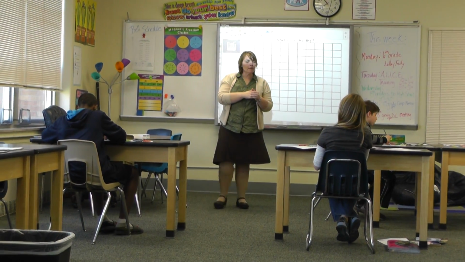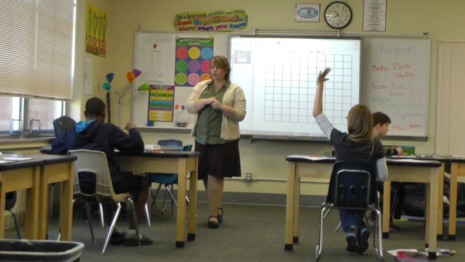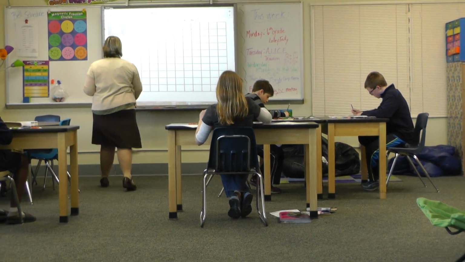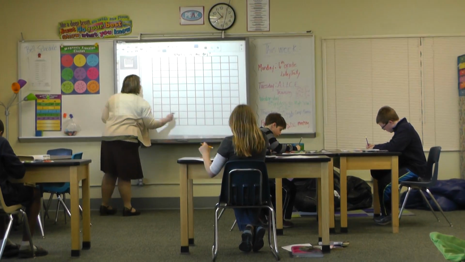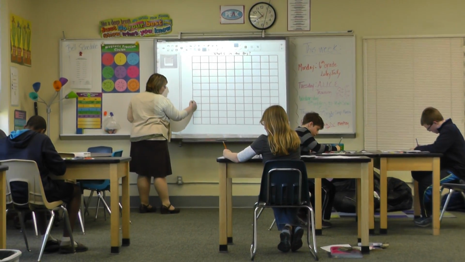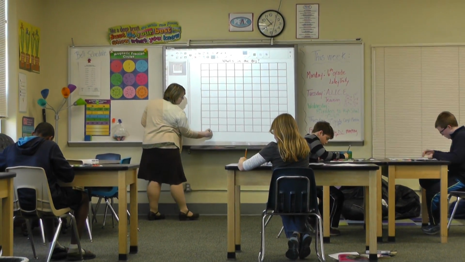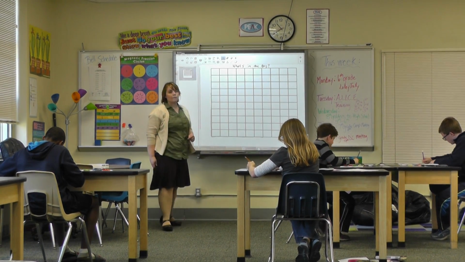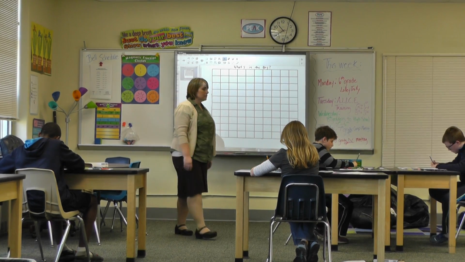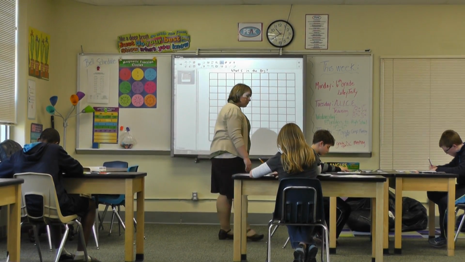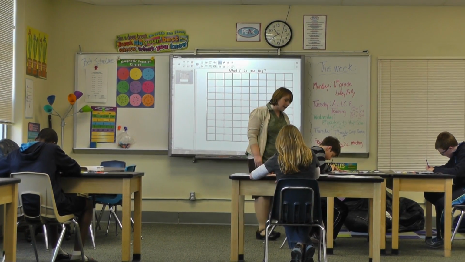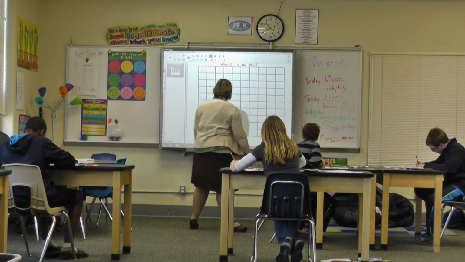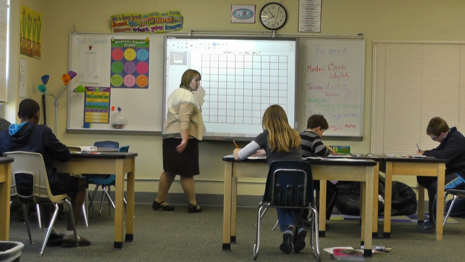After I have my title, what's the next thing I'm going to draw? What's the next part of my bar graph, Damien? The X and Y axis. Ben, what am I going to do next? You're on a good track. What are you drawing, or writing, right now?